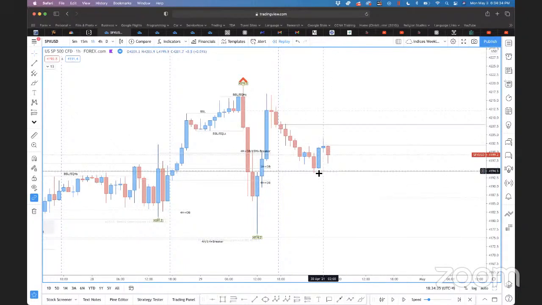If they're going to take it down, they're going to probably want to push it up to grab some of this liquidity, right? This is what I would have been thinking. If they're going to want to push it up, they're going to want to see price take out this liquidity that's right around here, basically equivalent with this area right here or this area right here. Let's play and see what happens.